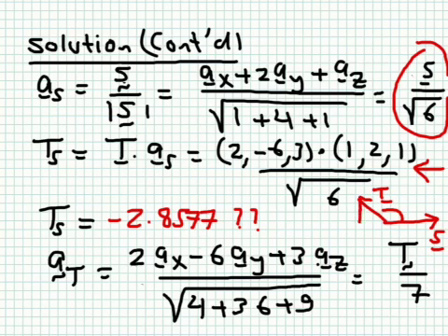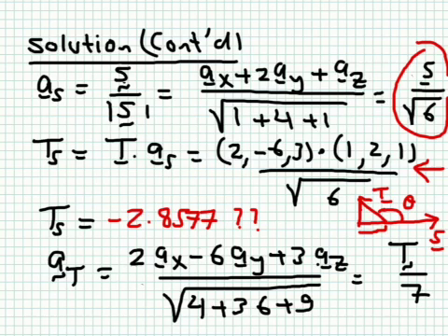So if we project t on s, your answer is minus 2.8577. Because this angle theta is the smallest angle between them, it's between 0 and 180, and it's actually greater than 90 degrees. So this angle here will have a negative cosine, and this explains the negative sign.